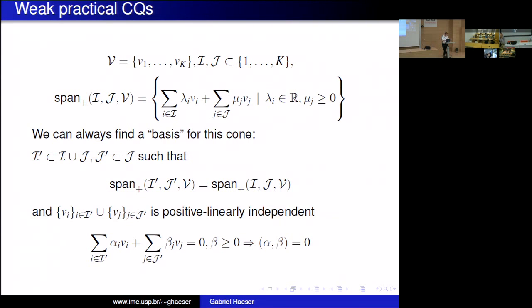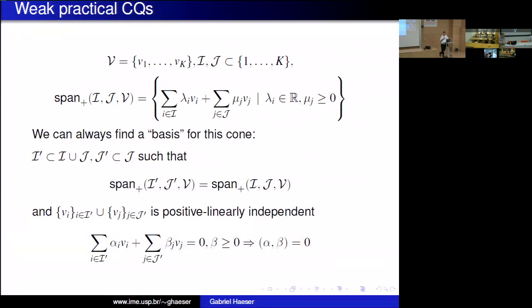The trick here is that, look, this set J prime is a subset of J, the set of vectors that we were considering with non-negative multipliers. But among the ones that we are considering with unrestricted multipliers, you can transform some of them that were in J to I. So you have to do something in the way that we did before, to look at some inequality constraints and treat them as equalities.